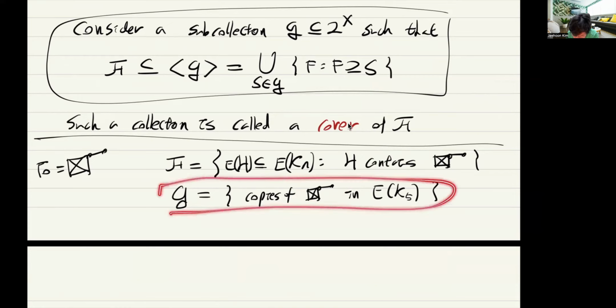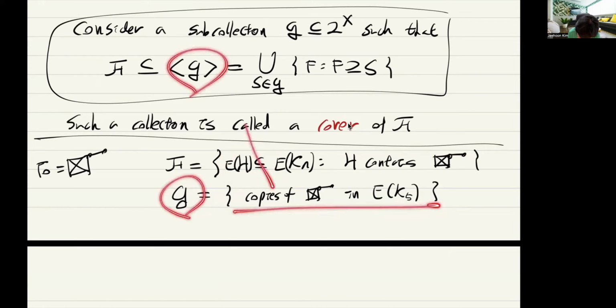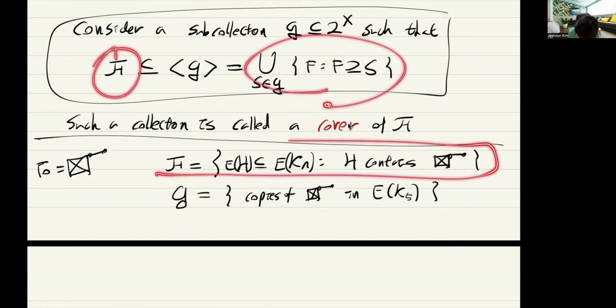So if you take this, then what do you know? For every H here, you can find one copy in this cover G. That's a subset of this. So in other words, if you generate everything here in this way, then this entirely contains all of this F.